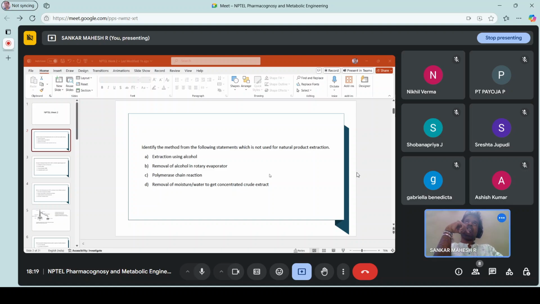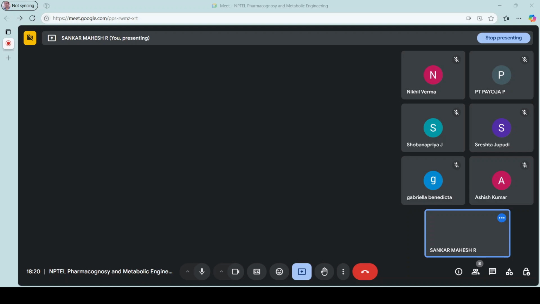These are nothing but small stretches of single-stranded DNA that will bind to the 5' end and the 3' end of our DNA of interest, and it will amplify the entire region. So that is the function of PCR. Since we are discussing natural product extraction, PCR is not related to this. We'll go to the next question.